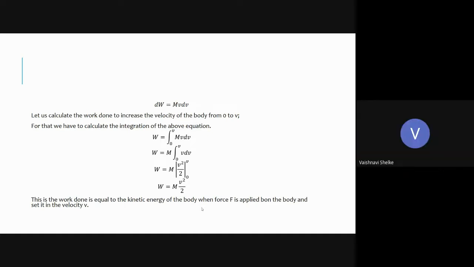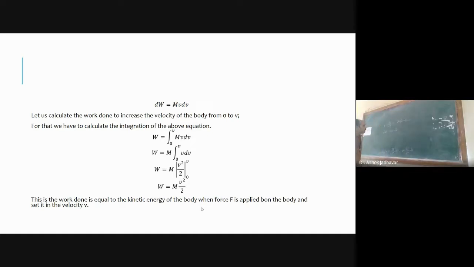Yes, sir. Okay. Now we already know that if you have some small value and you want to determine its overall value, then we have to integrate it. In the precise case, we have said that we have some body with some applied force on it, and that body is displaced by a very small distance ds.